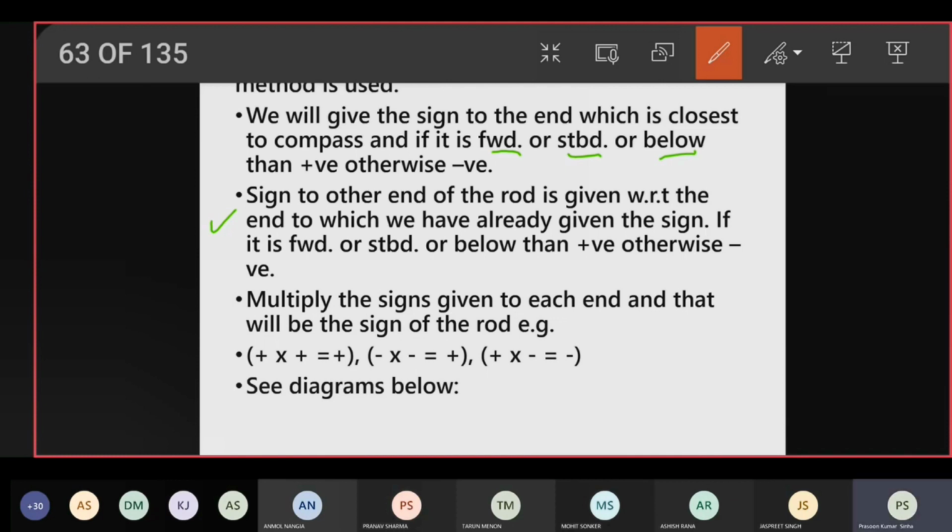Then to finally give a total sign, overall sign to the rod, we multiply these signs. If both ends are positive, if both ends are negative, then they are positive rods. If one end is negative, the other end is positive, then the rod is negative.